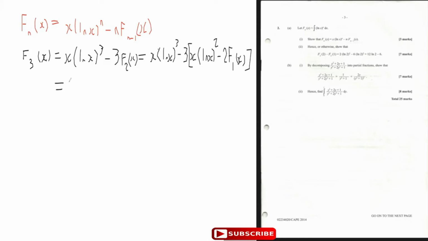So it's working out to be x ln x cube minus 3x ln x square, and then expanding, minus and minus become plus, it becomes plus 6 times f1 of x.